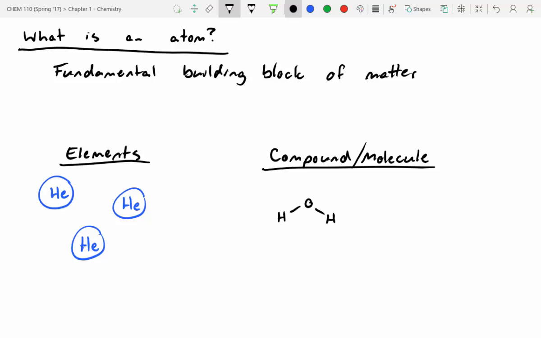We've got two hydrogens that are bonded to an oxygen, right? And in this case, we've got a 2-to-1 ratio of hydrogens to oxygens making up each water molecule, right? So in this case, this is a fixed ratio of bonded atoms.